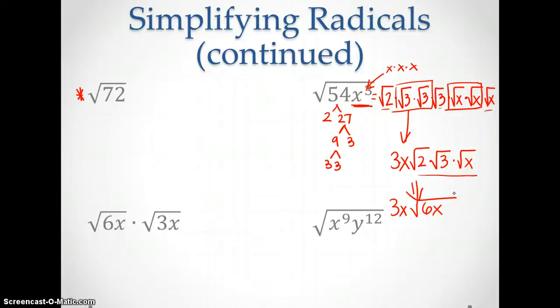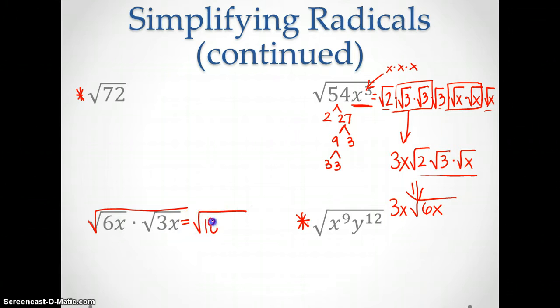I'm going to leave this last question for you to try based off of what you just saw with the variables. But I want to show you also that you can use the reverse kind of rule. Instead of breaking apart a square root with multiplication, you could just put everything under one square root.